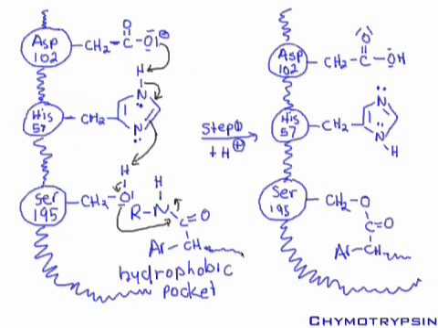So, rest of the peptide. And what do you have off of this? You get plus RNH2, where R is the rest of the peptide. So you've cleaved to the right of this aromatic amino acid.